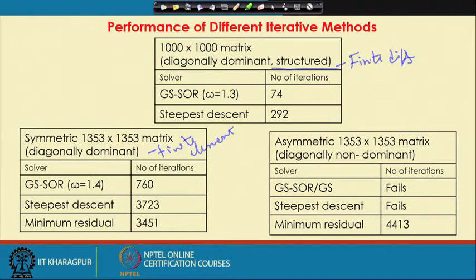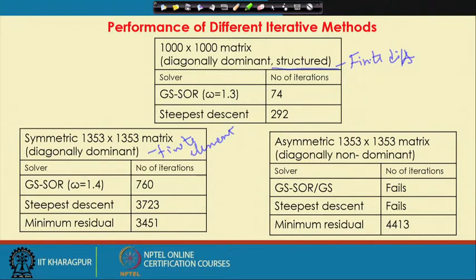So, the observations here are that Gauss Seidel SOR probably performs better than steepest descent or minimum residual in most of the cases if the matrix is diagonally dominant. We really cannot get better convergence than what we are getting with the optimum over-relaxation factor. Steepest descent works only for symmetric matrices. However, the performance is not even close to Gauss Seidel; it is one order, or at least 4 or 5 times, more than the Gauss Seidel SOR performance.